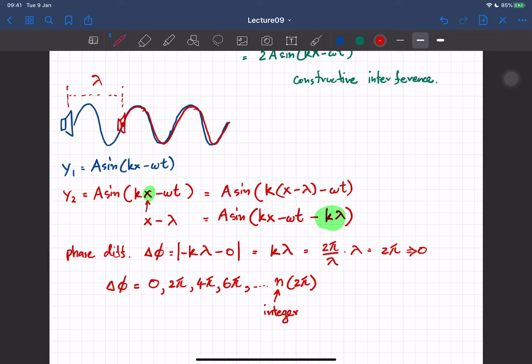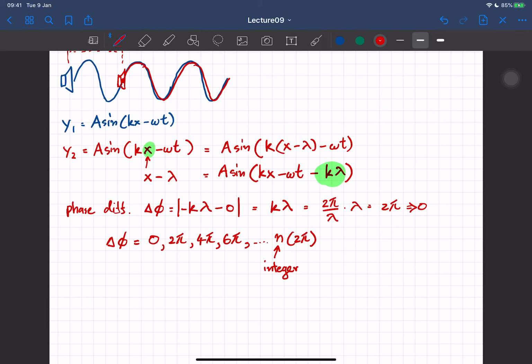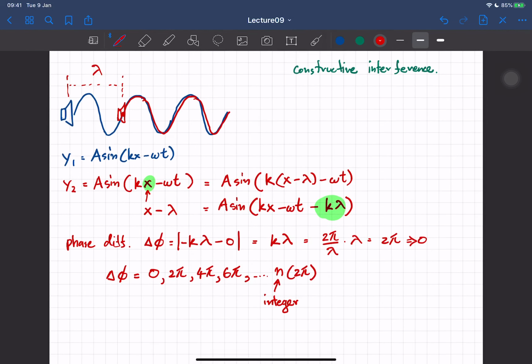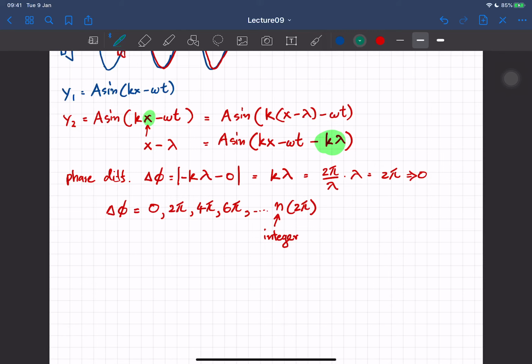So if you do anything such that the phase difference of the two waves is 0, 2 pi, 4 pi, 6 pi, or something like this, right? That's going to give you in phase waves. Two waves are going to be in phase, and they are going to have constructive interference, because when you add the two together, y equals y1 plus y2, right? So mathematically they are 2 pi away in terms of the phase.